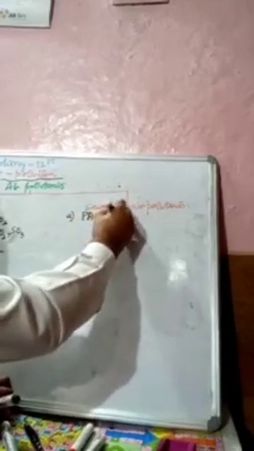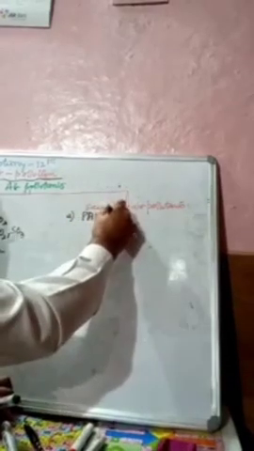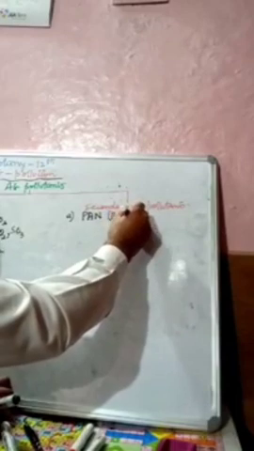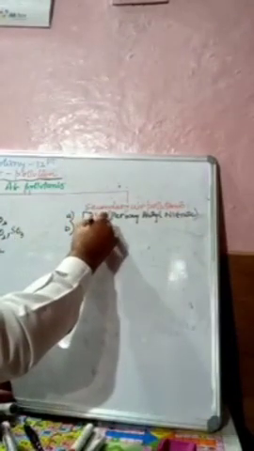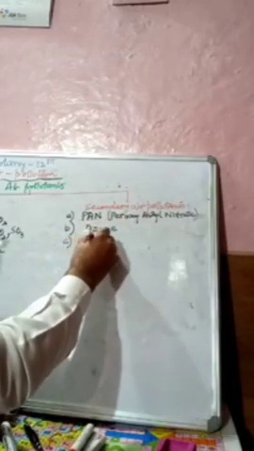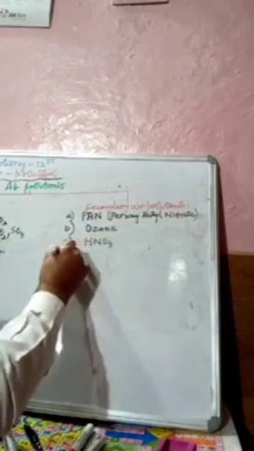What is this PAN? इसका full form, abbreviated form देखिए: peroxy acetyl nitrate. We will study it later on. Second, ozone. Third, nitric acid, HNO3. Fourth, sulfuric acid, H2SO4. So these are the secondary air pollutants which cause the pollution of the air.